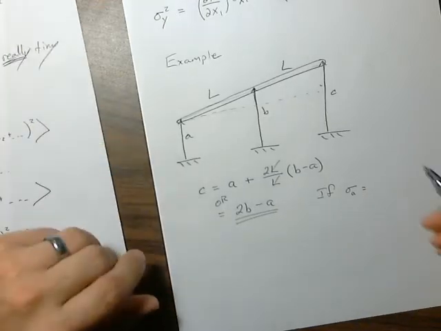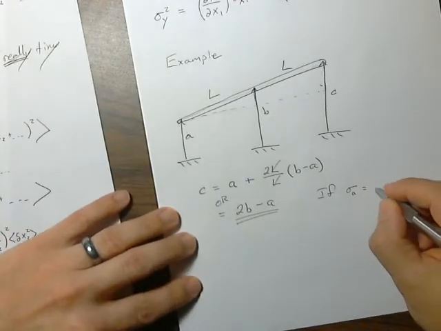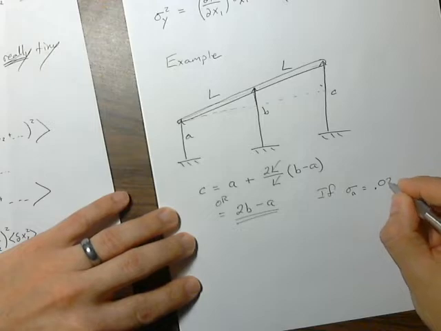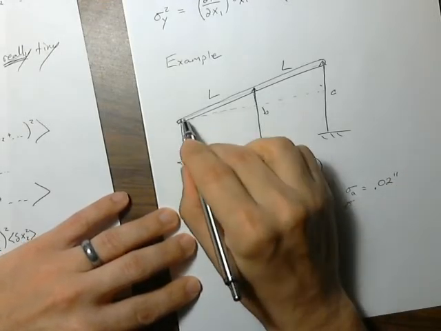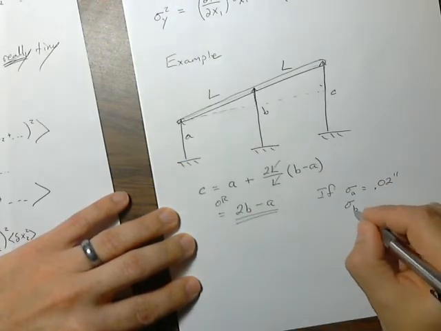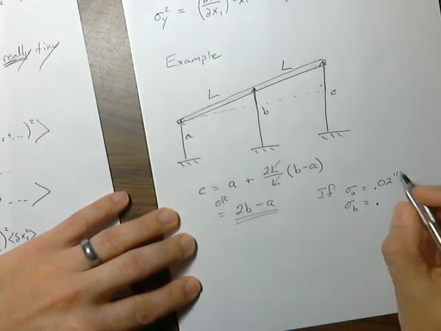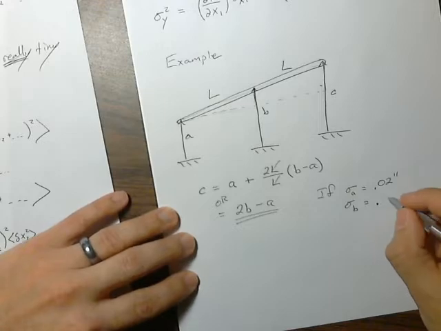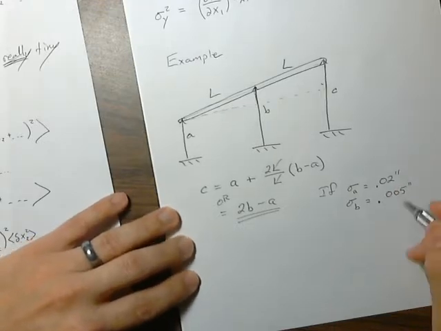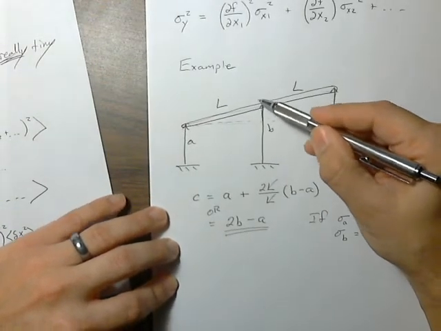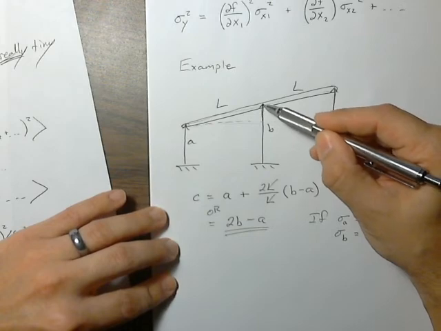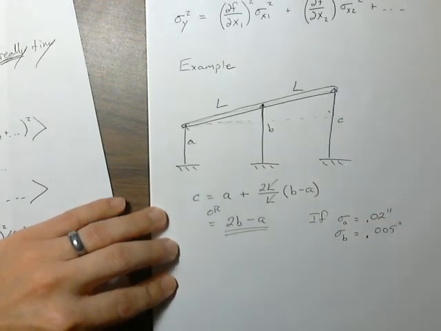Let's say we've got a lot of uncertainty in one of them, so maybe 20 thousandths of an inch. And then let's say that's at A, and at B we've got a much nicer joint. It'd still be pretty crappy for a bearing, but let's say there's 5 thousandths of standard deviation there.